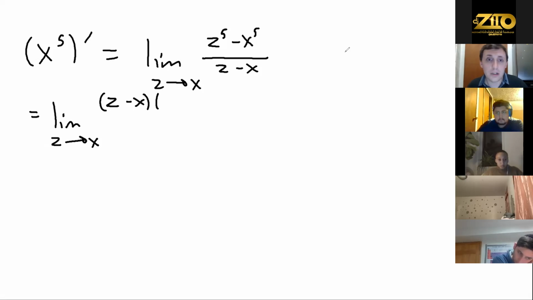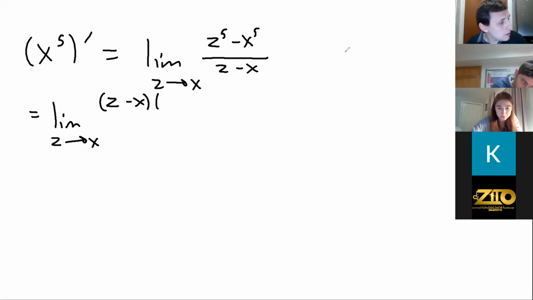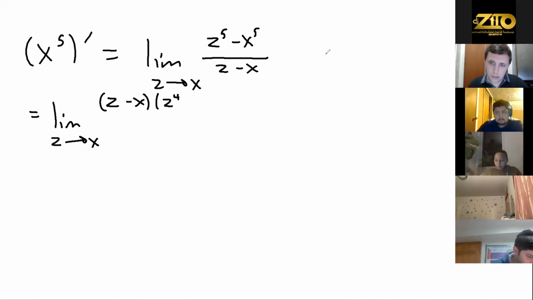Z to the 4. Next. Or if you can write the full expression, what do I write afterwards? Not z cubed, no. Okay, some people see the pattern, good.